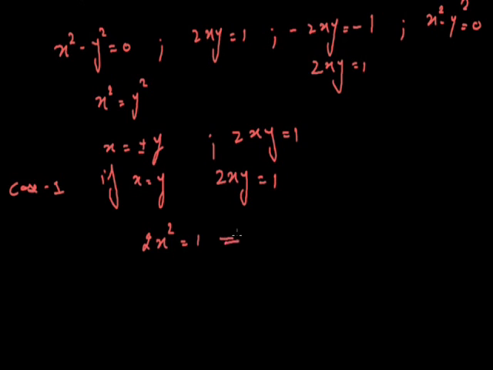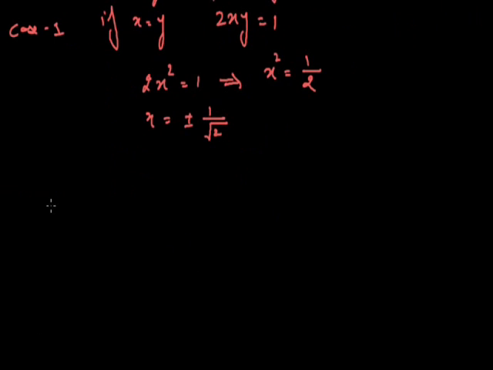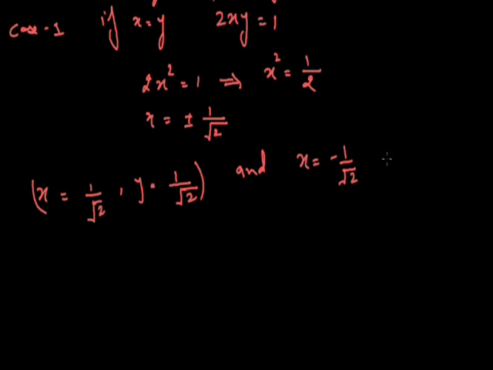So now x square equal to 1 by 2. So if x equal to 1 by root 2, then y equal to 1 by root 2, and if x equal to minus 1 by root 2, then y is also minus 1 by root 2.